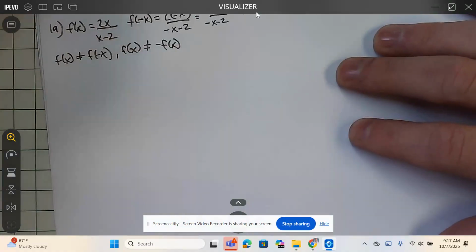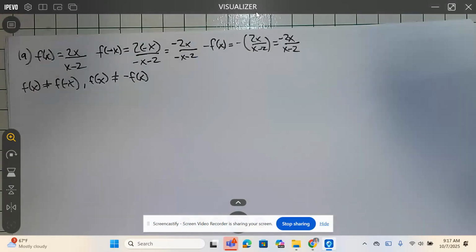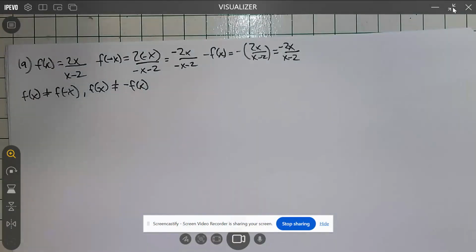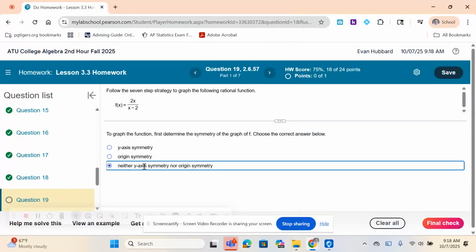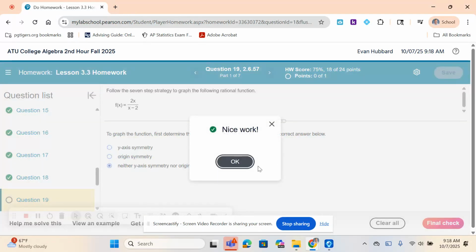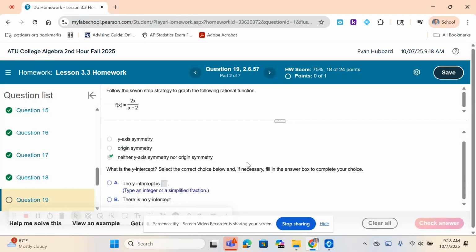So this one's going to be neither. So it'd be neither y-axis symmetry nor origin symmetry.